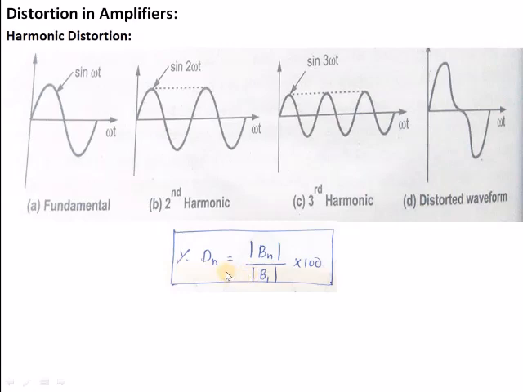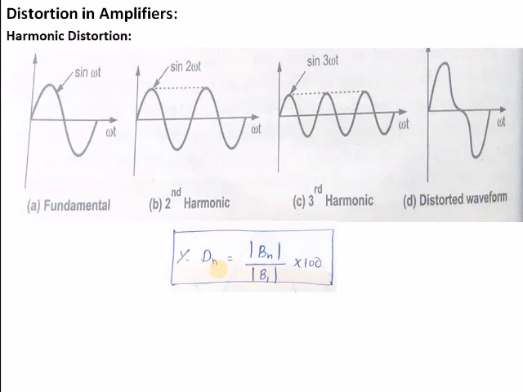If you want the distortion of the second harmonic, the equation becomes D2 equals B2 by B1 into 100. Similarly, the distortion percentage of the sixth harmonic is D6 equals B6 divided by B1 into 100. In place of n, we can substitute any harmonic number.